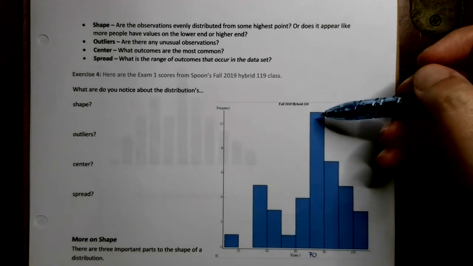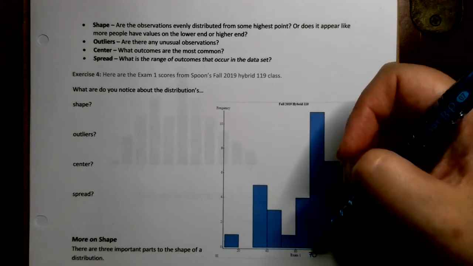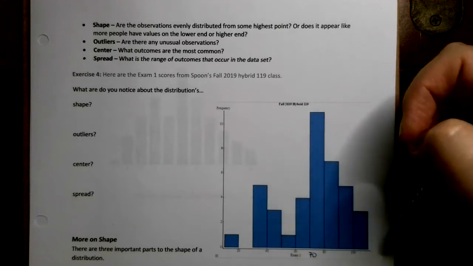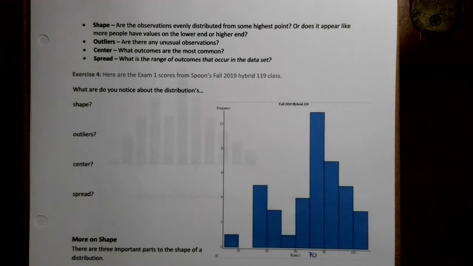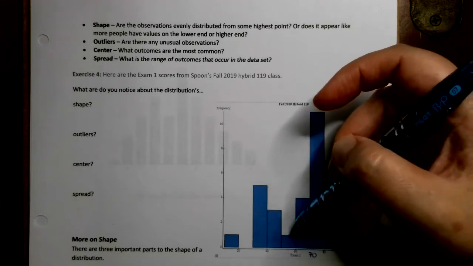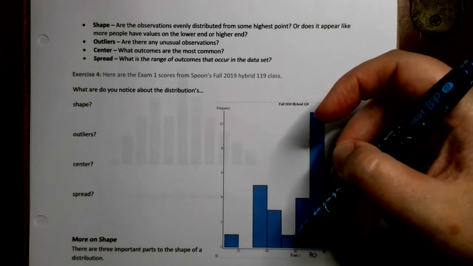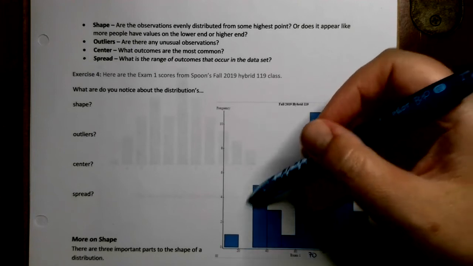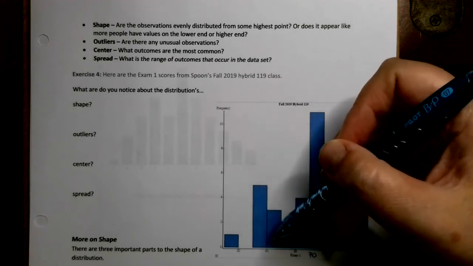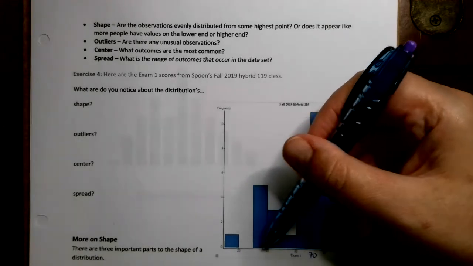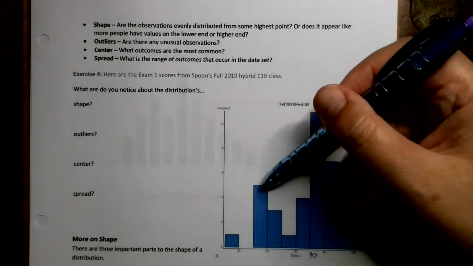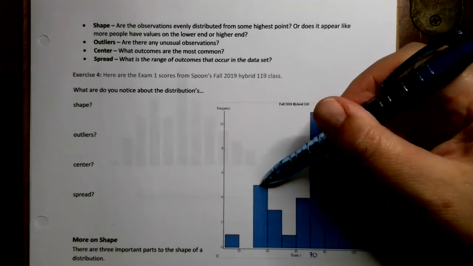Also, the majority of the class got scores of 60 and up. Okay, but then we have a big gap. We have kind of a second peak going on right here, and that's for the scores between 30 and 40. This was a common score.